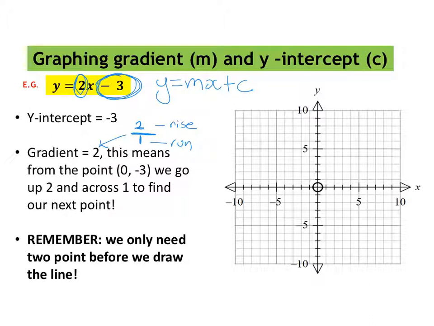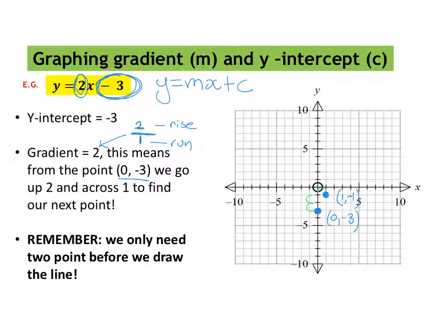And so this gradient means that from this y-intercept point, which we know we can write as a coordinate, 0, -3, so I'll just plot that, 0, -3, what we're going to do is we're going to go up 2 units, 1, 2, and then we're going to go across 1 unit to get to our next point, which is going to be, I can read that off the graph, x first, so we're at 1, -1.